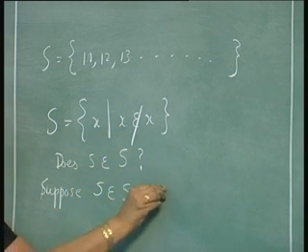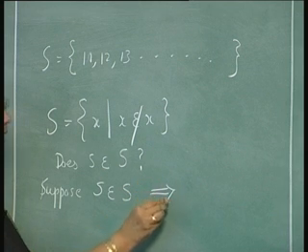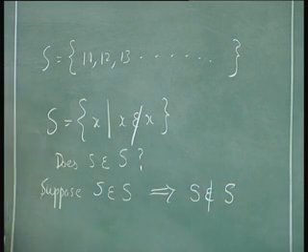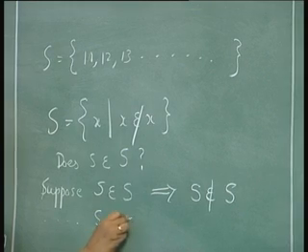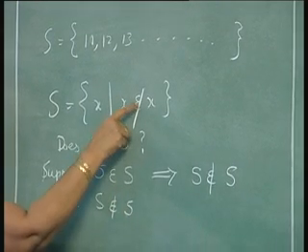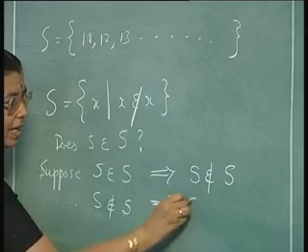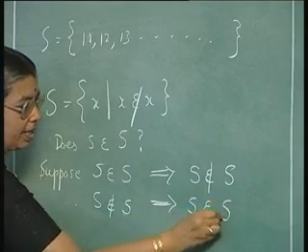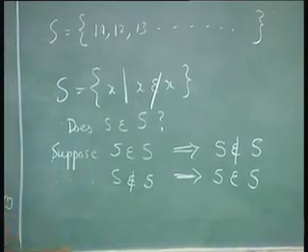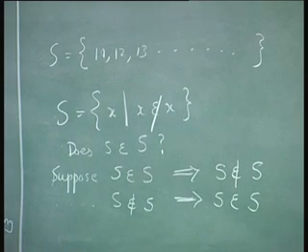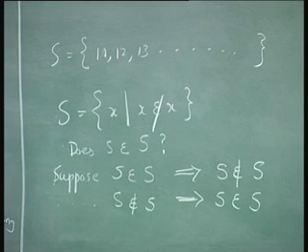So, from this you have to come to the conclusion that S does not belong to S, because it does not satisfy the definition. Now, suppose S does not belong to S, it satisfies this definition, so it should belong to S. So, from this you conclude that S belongs to S. So, you are arriving at a contradiction. This is known as Russell's paradox.